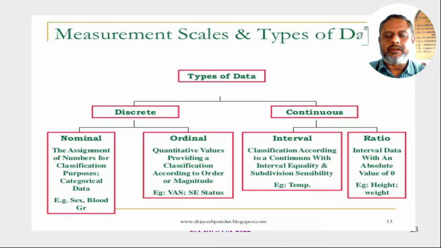So these are continuous values. If one value is 40 degrees centigrade and the other value is 45 degrees centigrade, then we can definitely say that 40 degrees centigrade is less than 45 degrees centigrade. But such a thing is not possible in nominal, though it looks like a numeric number.